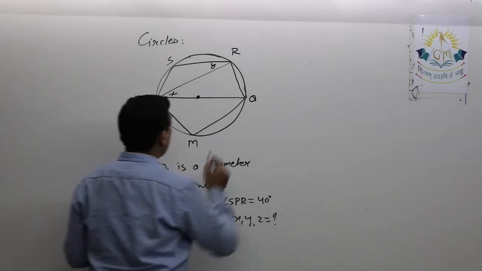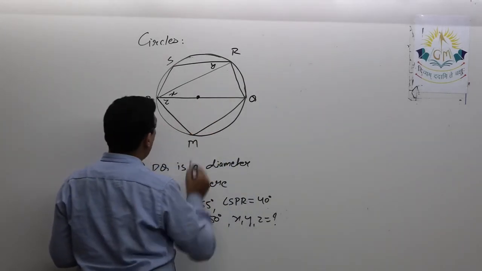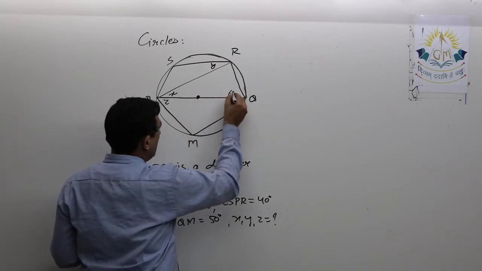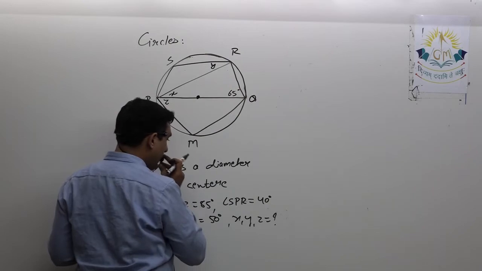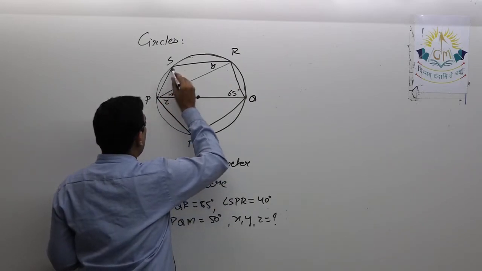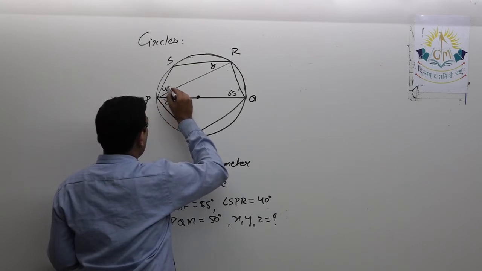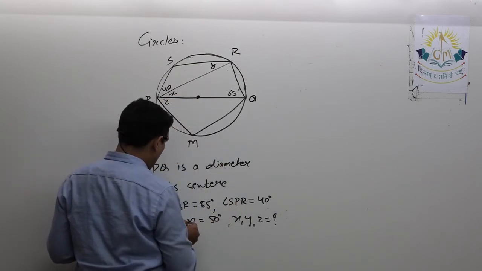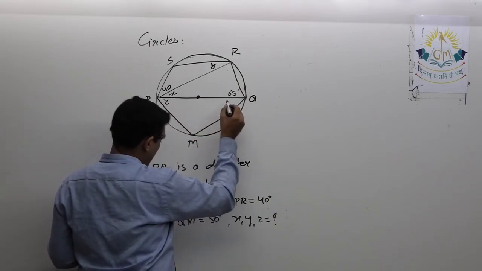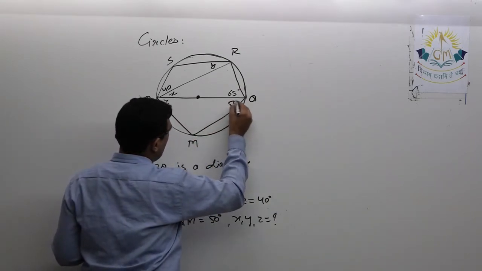See, it is given angle PQR is 65 degrees. Angle SPR is 40 degrees. Angle PQM is 50 degrees.